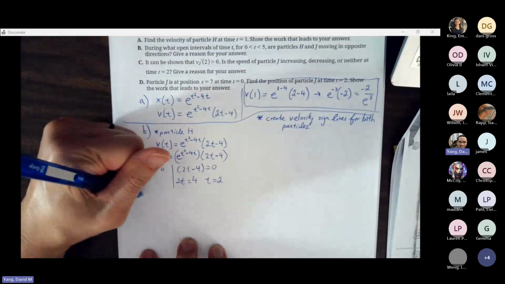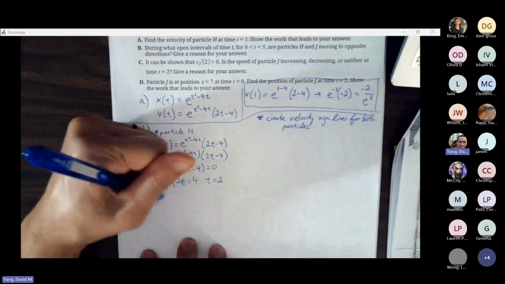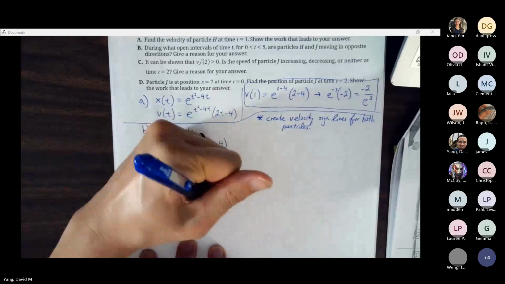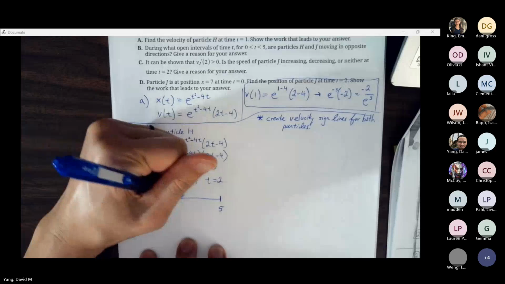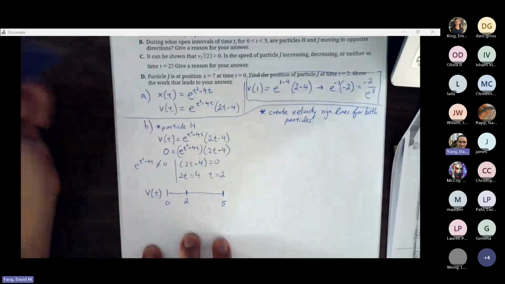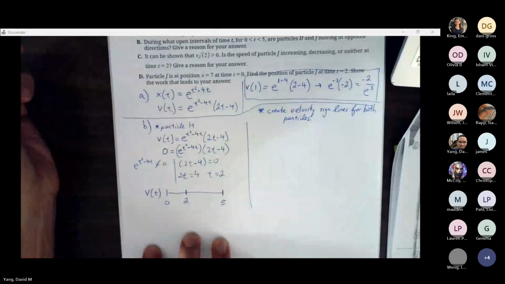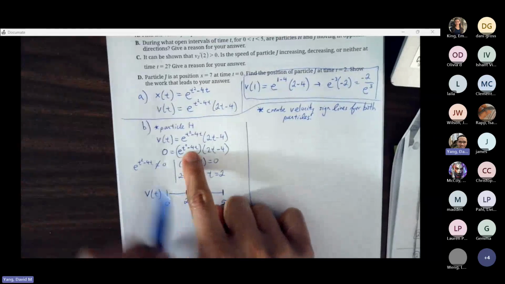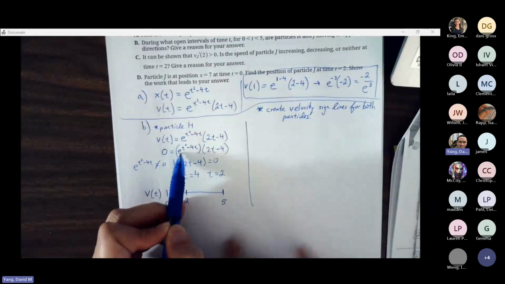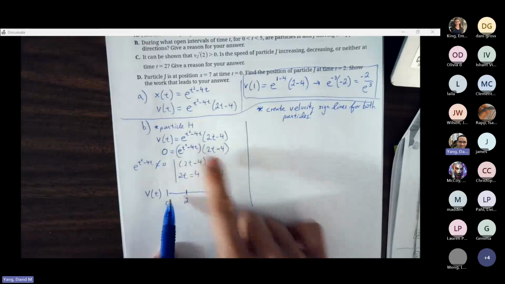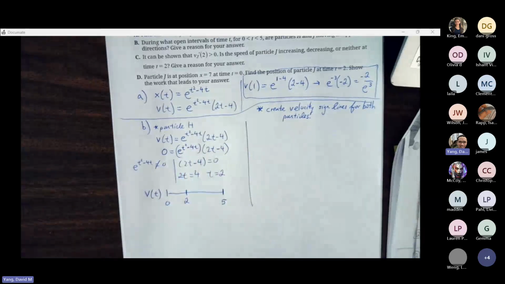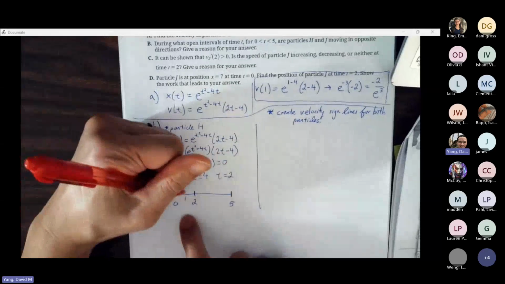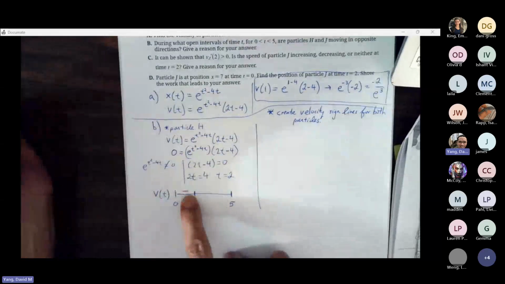So let's create our velocity sign line for particle H. Let me plug in 1. Remember, e raised to anything is always positive, so I don't have to worry about this. If I plug 1 in, 2 times 1 is 2, 2 minus 4 is negative, so I know I'm moving left.